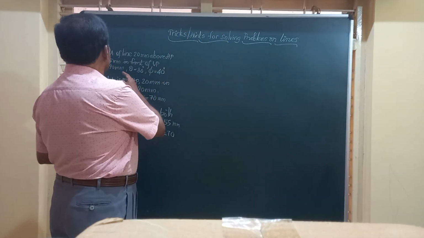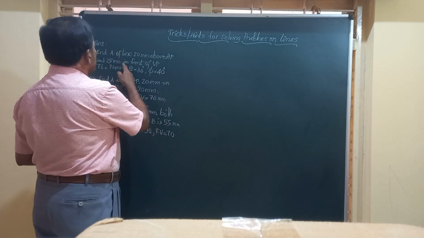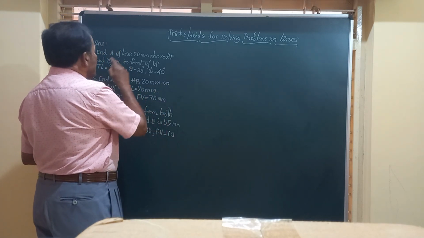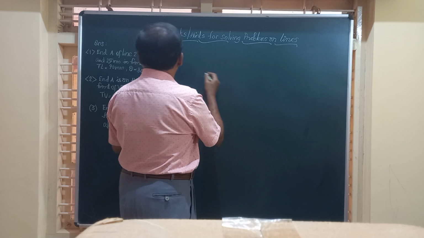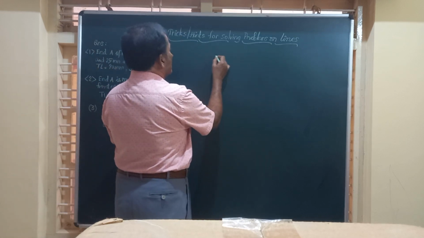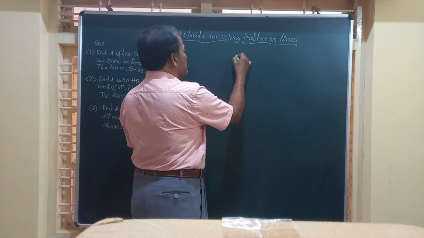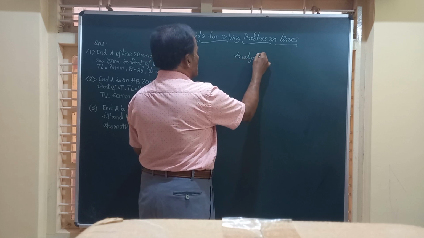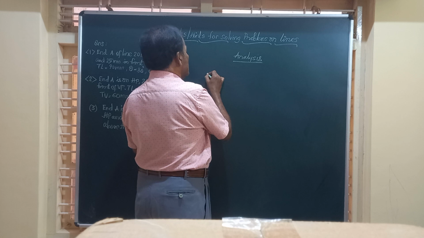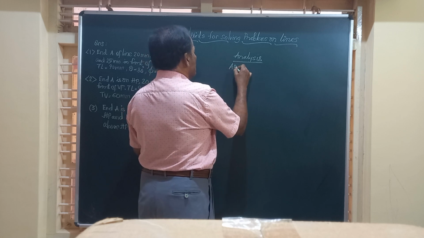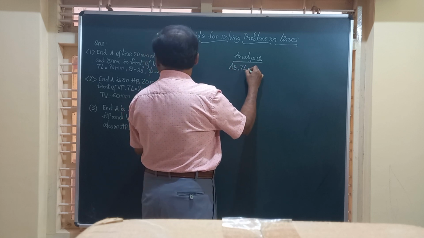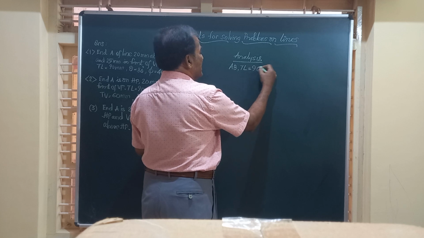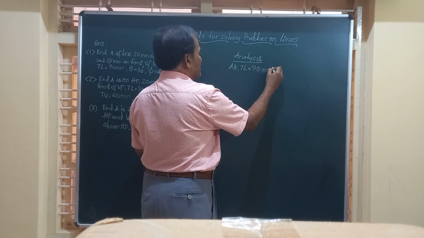So here friends, let us see how to analyze this. There is a line AB, 90 millimeter long, and I'll write down the analysis here. The true length of the line is given to be 90 mm. TL means true length or the actual length.